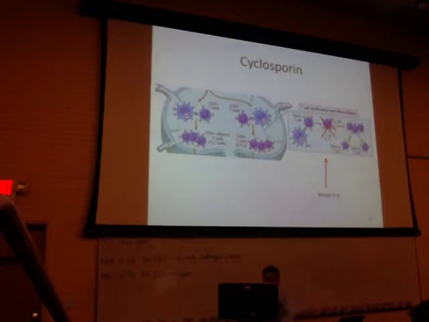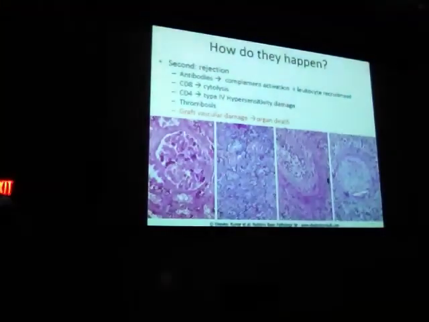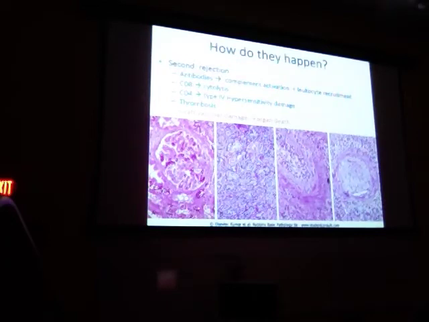Now, if you don't have cyclosporine on board, what happens? Well, this is a donor kidney, and you get rejection. The antibodies that get made on the indirect pathway, the one on the far right, are going to trigger complement to come in and even leukocyte recruitment.